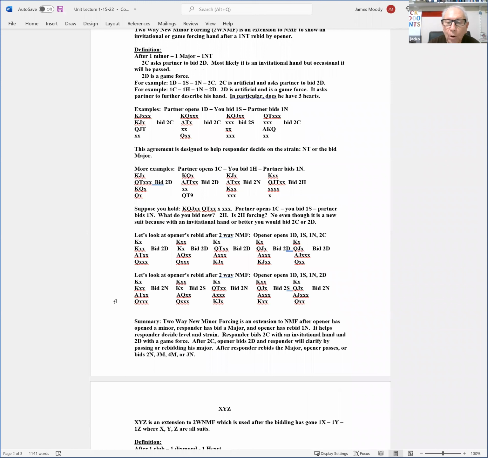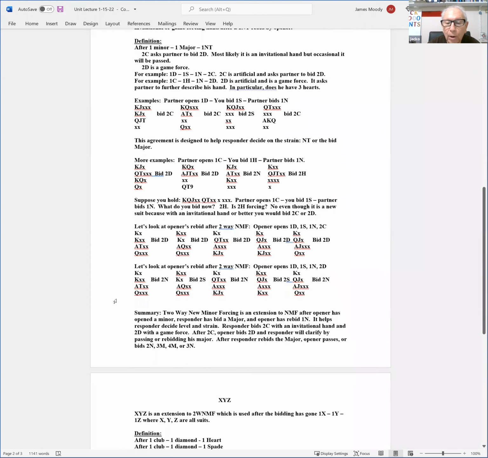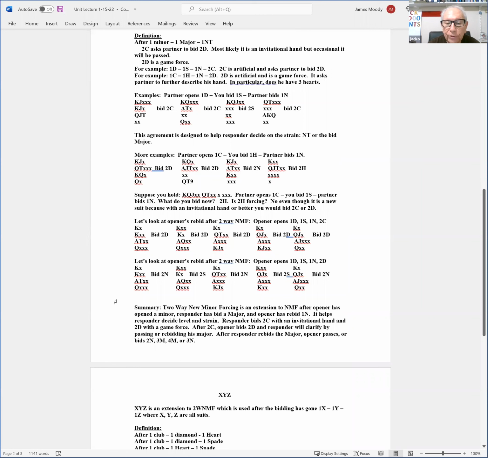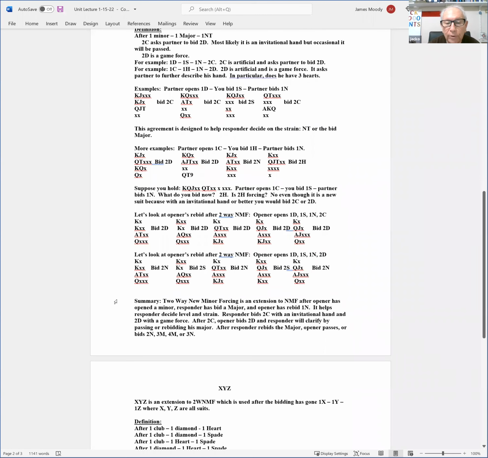After 2 clubs, opener bids 2 diamonds, and responder will clarify by passing, that's the way to get to 2 diamonds, or rebidding his major. After responder rebids the major, opener passes or bids 2 no trump, 3 of the major, 4 of the major, or 3 no trump. All right. Any questions about that?